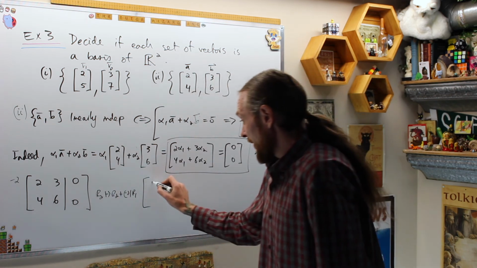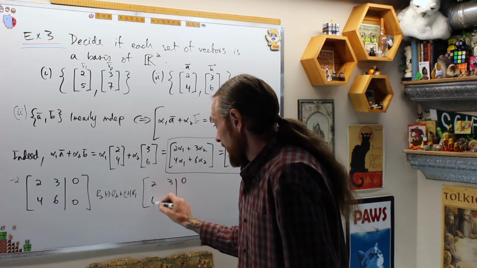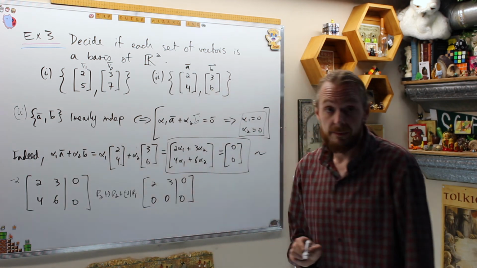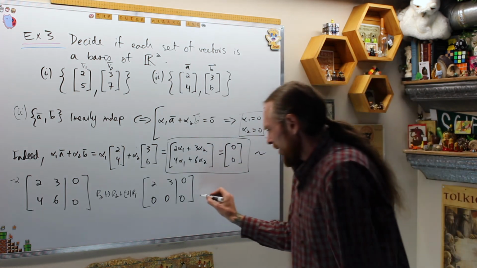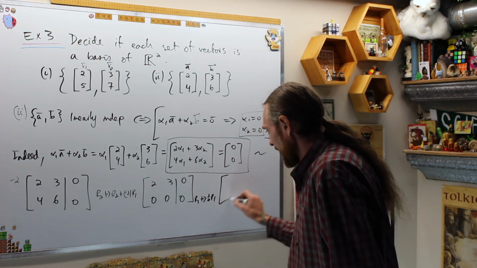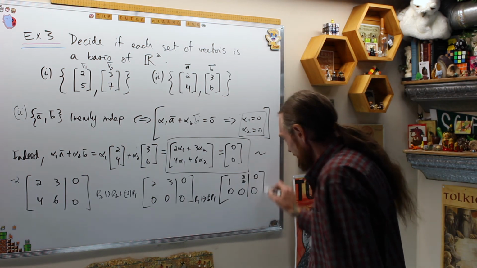This time what that gives me is 2, 3, 0. And then I'm going to get 4 minus 4 is 0, and 6 minus 6 is 0, and 0 minus 0 is 0. If you really want, we can do row 1 goes to 1/2 row 1, and we're going to get 1, 3 over 2, 0, 0, 0, 0.